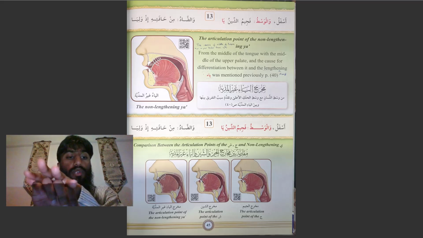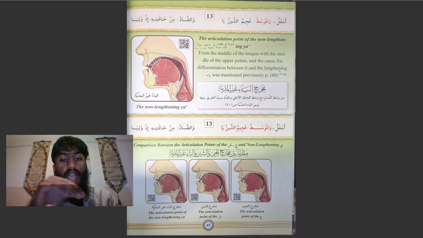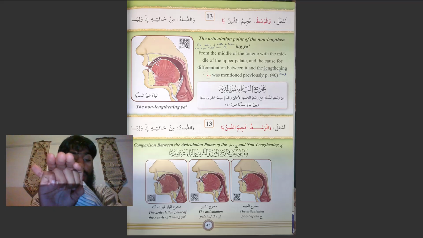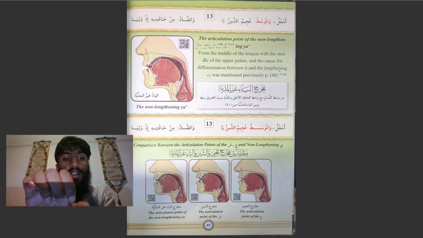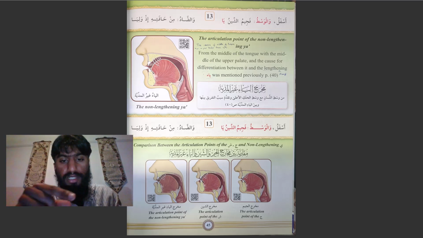So it's not fully closed, with pressure and force, like a gate that fully closes so that air can't pass through. No, Sheen has a bit of a gap, but not made on purpose, just because of the nature of the letter. It flows.